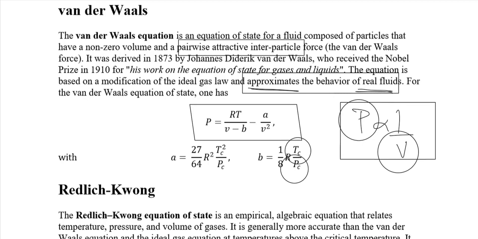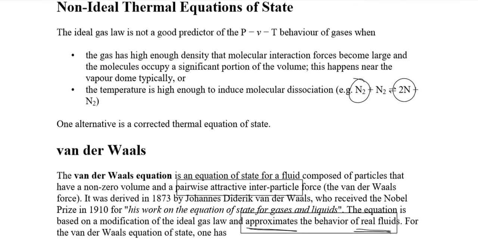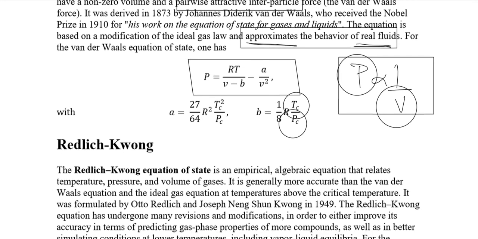As in the statement above, near the vapor dome, near the critical point, we are talking about non-ideal behavior. So the van der Waals equation can now approximate the behavior of real gases near the vapor dome or the critical point.